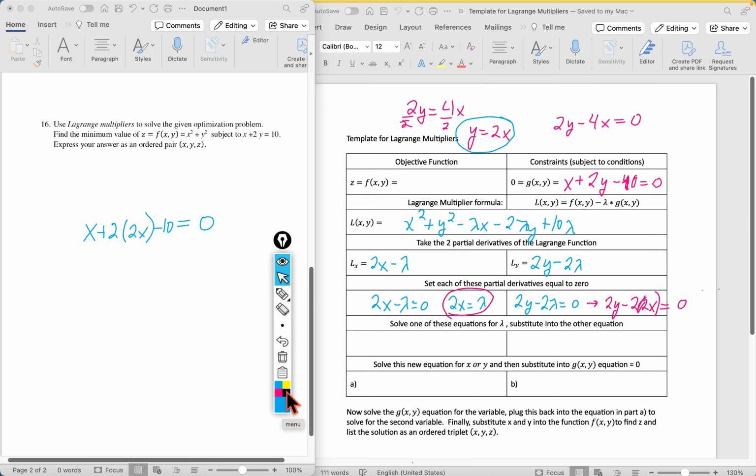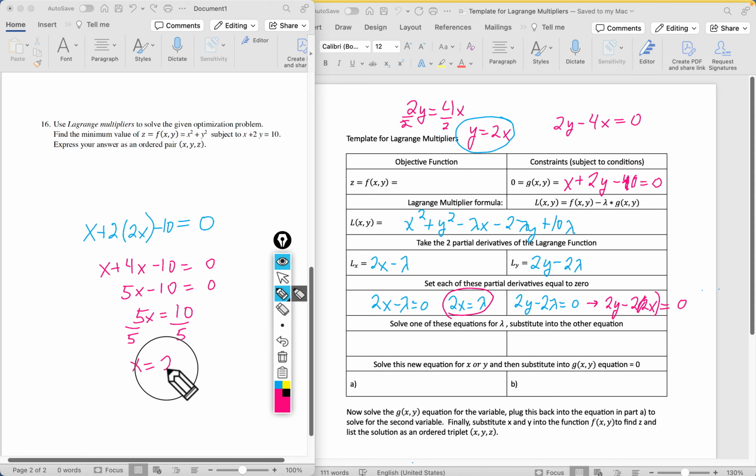Okay. So now we've got something with just x. That's going to give us x plus 4x minus 10 equals 0. So we get 5x minus 10 equals 0. Add 10 to both sides. 5x equals 10. Divide by 5.